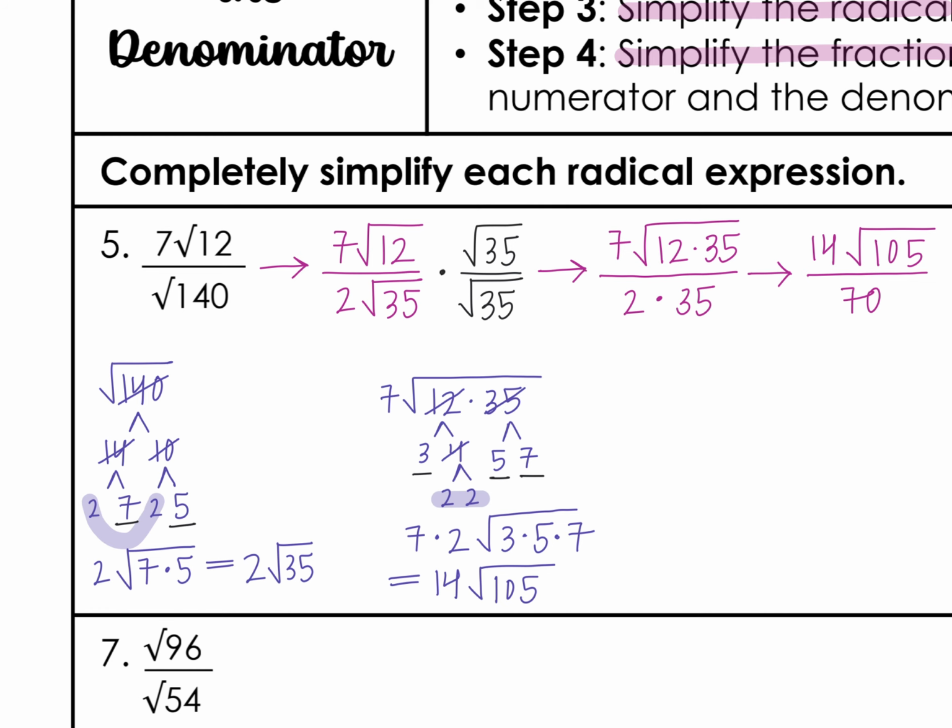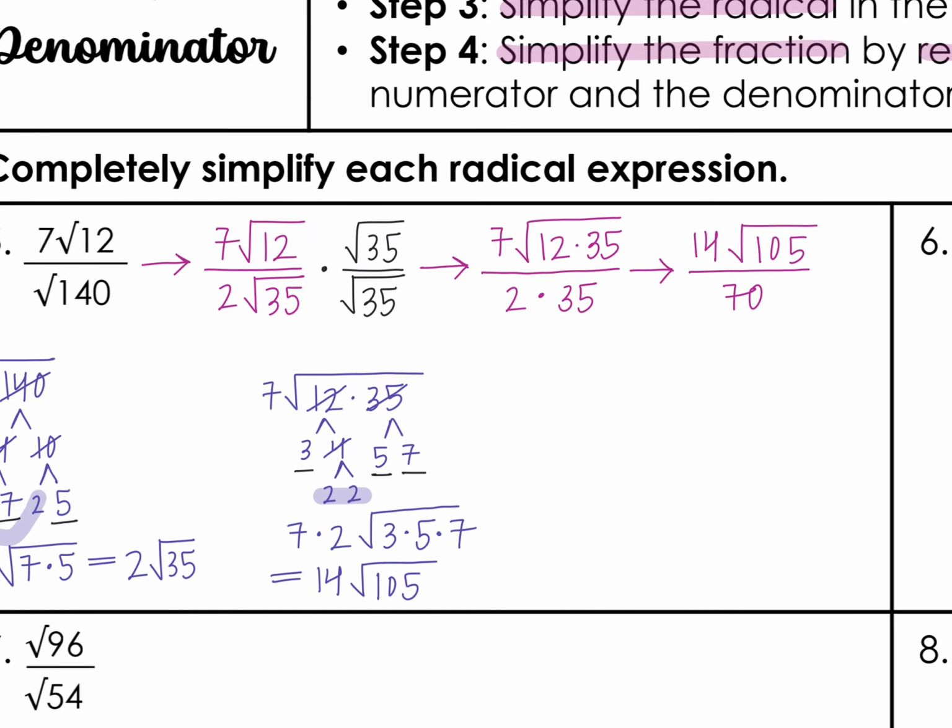And so here I'll notice that 14 is going to go into the 70 5 times. And so therefore I can reduce this into 1/5. So my final answer here is the square root of 105 divided by 5.